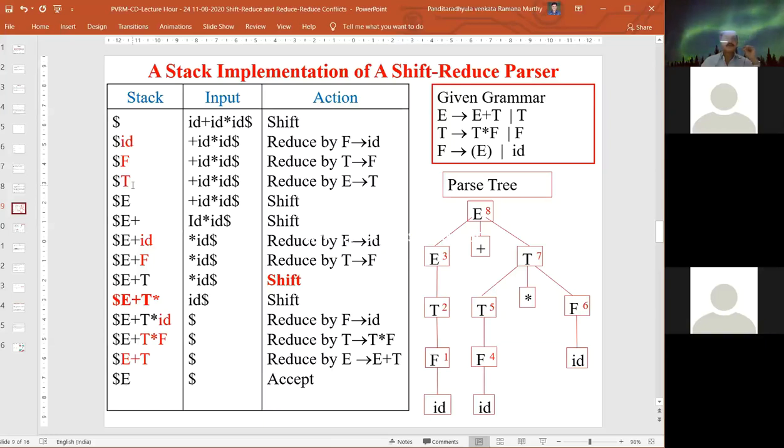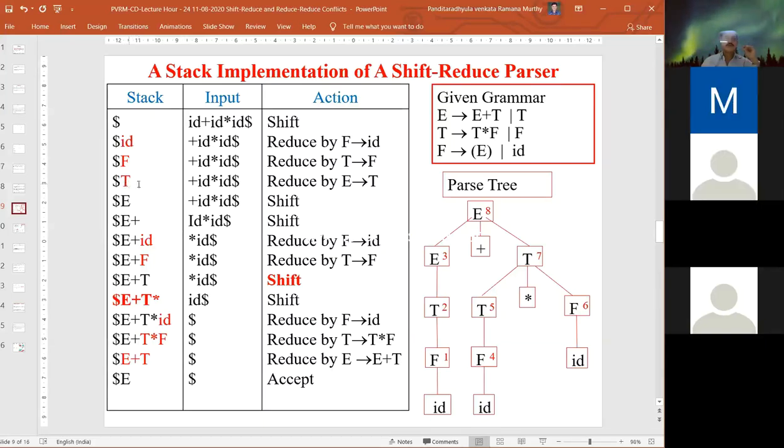If you replace this T by E, even though we have a production, it goes to a conflict, because we still have input on the input string. That means we have two options. Even though we identified that T can be replaced by E, here also we identified a reduce operation.